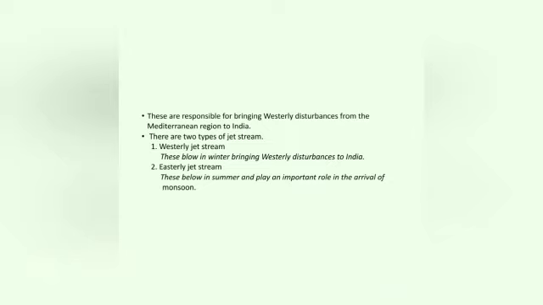Due to the westerly jet stream, westerly meaning air blowing from west to east, the western disturbances move towards the east and enter India after crossing Iraq, Afghanistan, Pakistan. They cause rain in Punjab and Haryana, and snowfall in the Himalayan belt during the winter season.